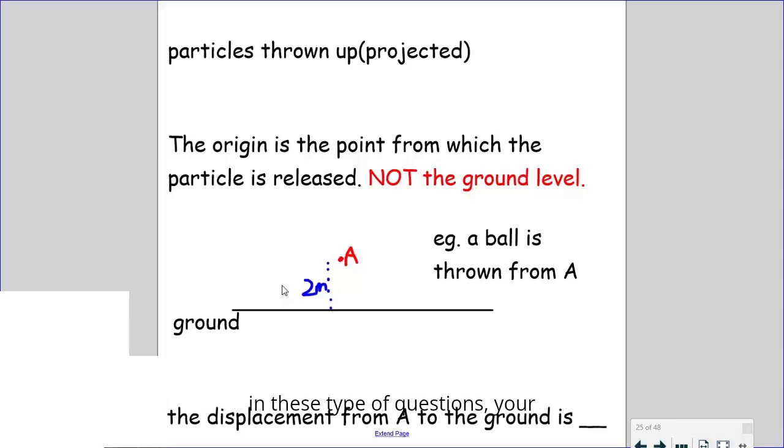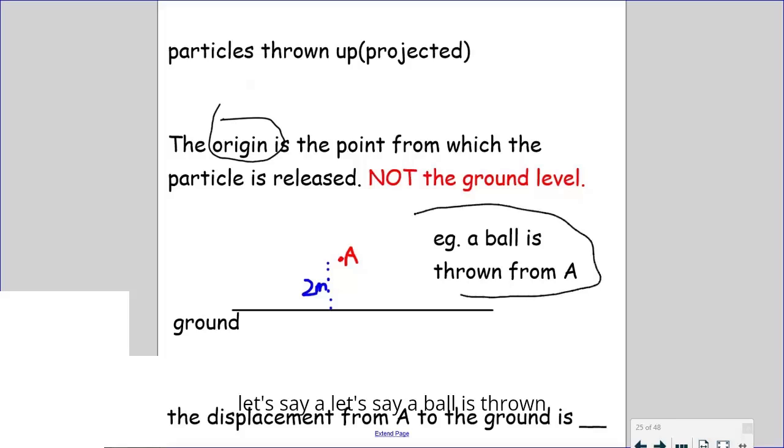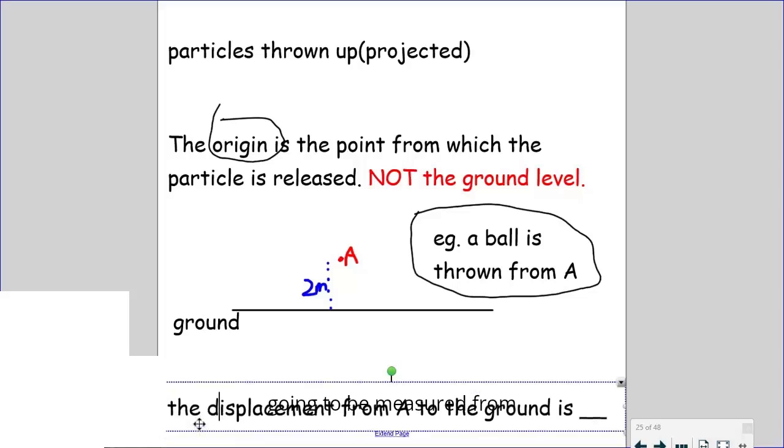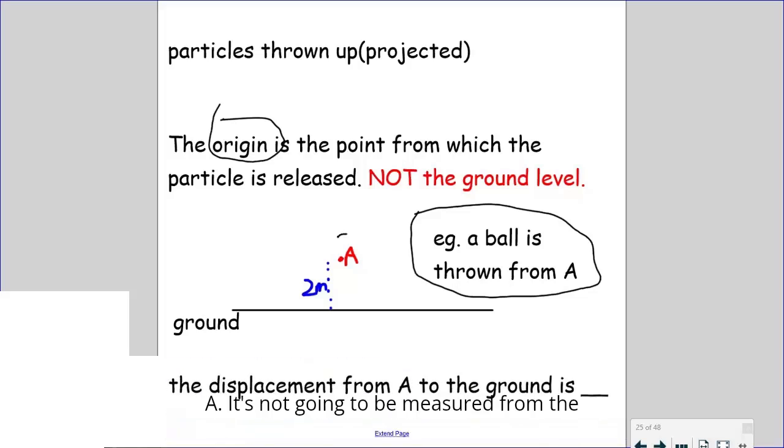Now, in these type of questions, your origin is really important. Just a reminder: the origin is where you are measuring your displacement from, the S in SUVAT. Now let's say a ball is thrown up from A, which is here. If a ball is thrown up from this point, this is 2 meters above the ground. Your displacement is going to be measured from A. It's not going to be measured from the ground, right?